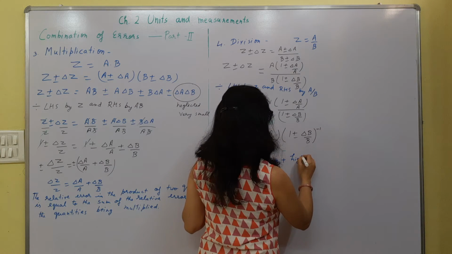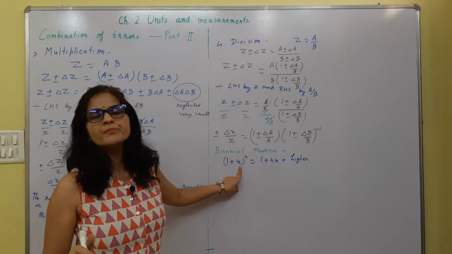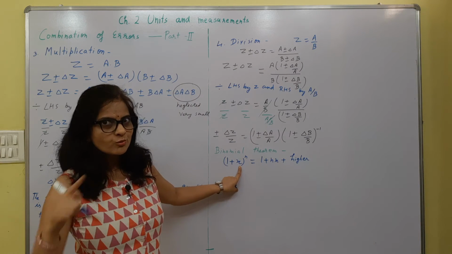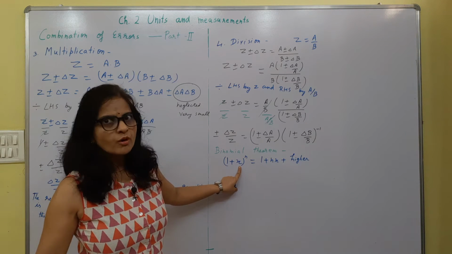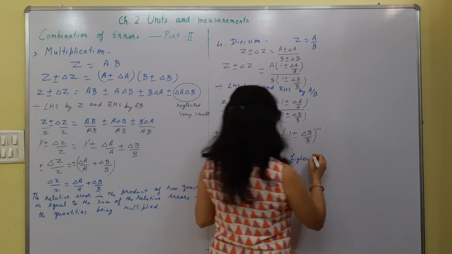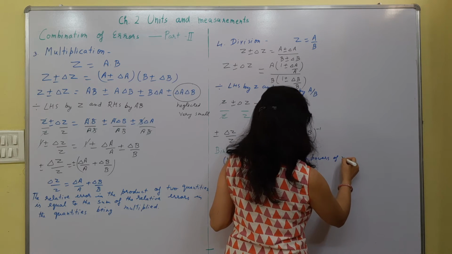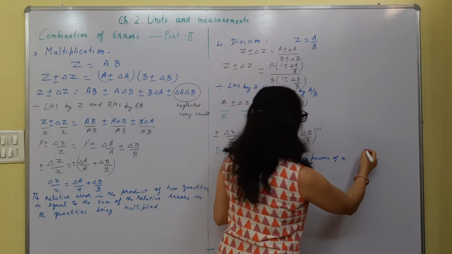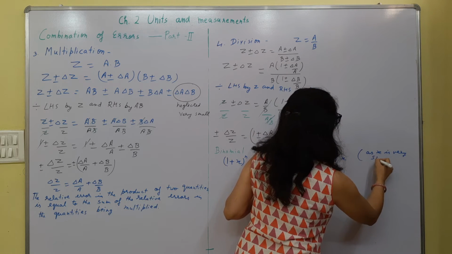And higher powers will include x square. X is very small, as I told you that if x is very small, x square will be even smaller and x cube will be even smaller. So that's why we are neglecting the higher powers of x, as x is very small.